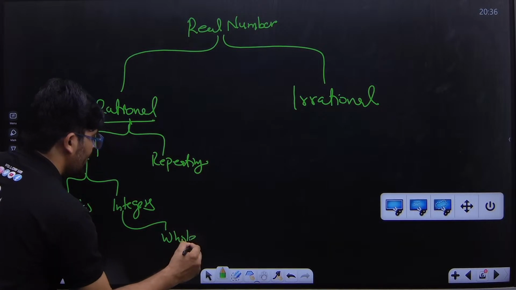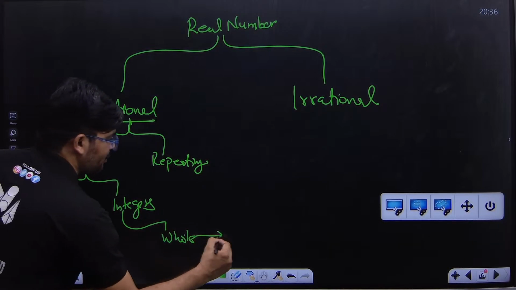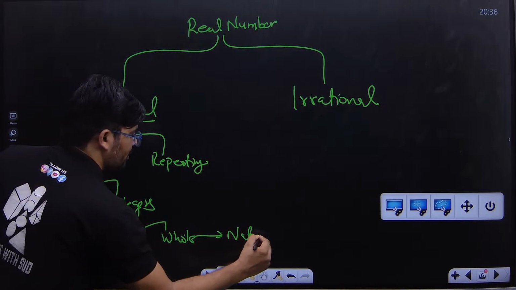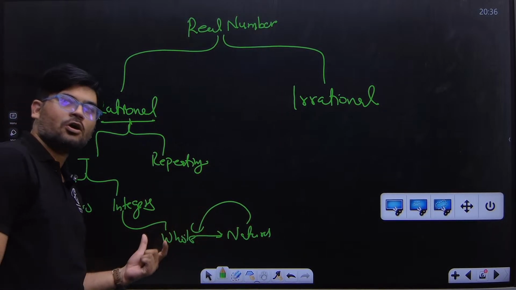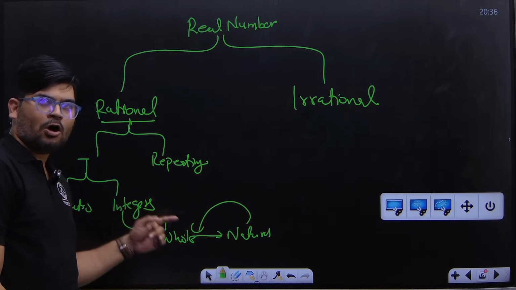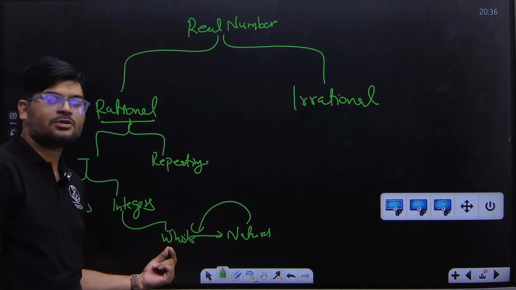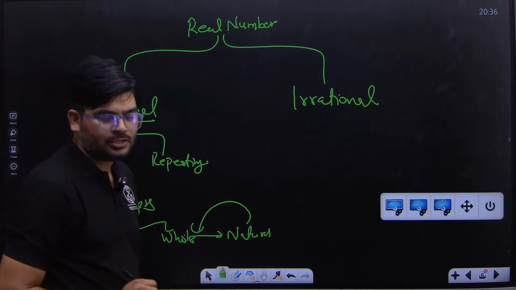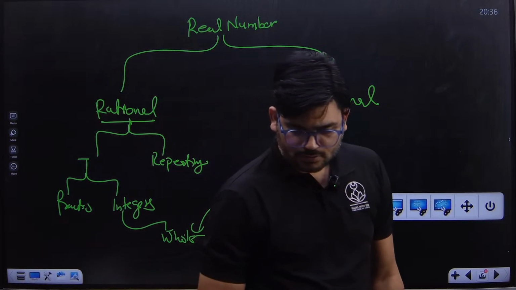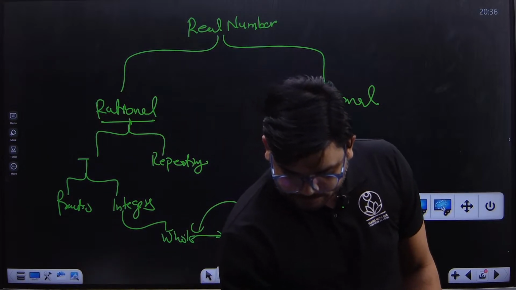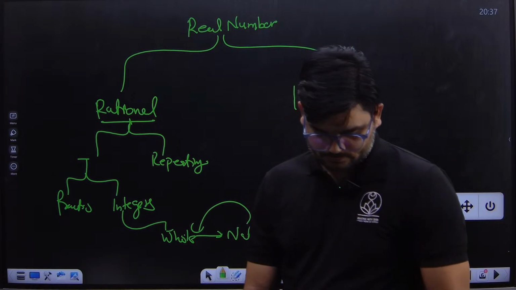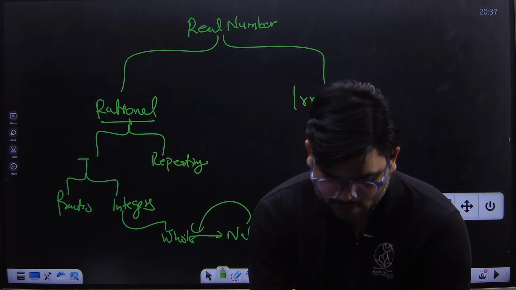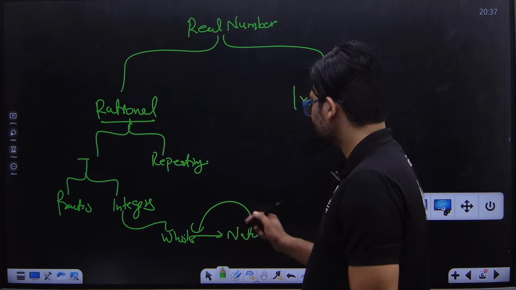Whole number is a son of integer, and natural number is the son of whole number, because all natural numbers are whole numbers, but all whole numbers are not natural numbers. 0 is a whole number, but it is not a natural number. Are you getting it? Yes, sir.